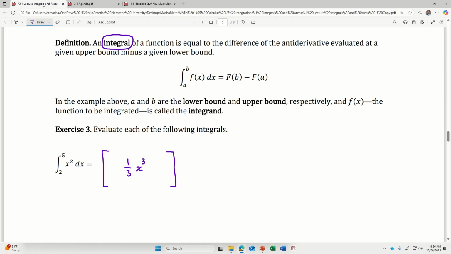And then this is what I like to do for the intermediate step. I like to write big square brackets around the whole thing. I like to write big square brackets around the antiderivative.